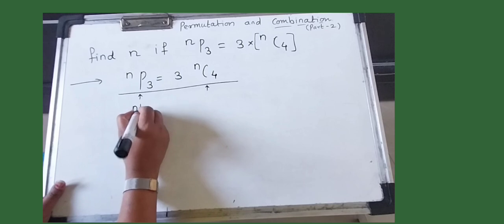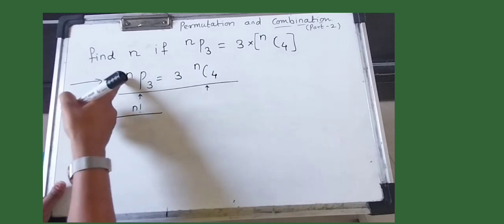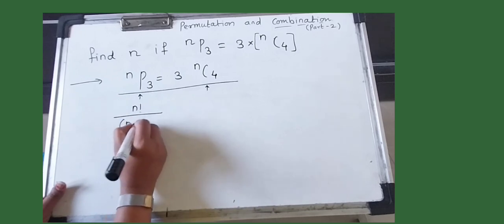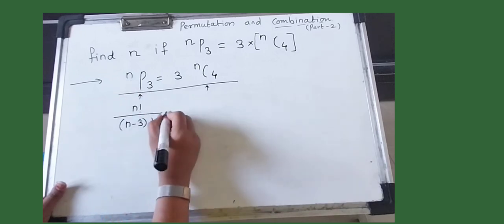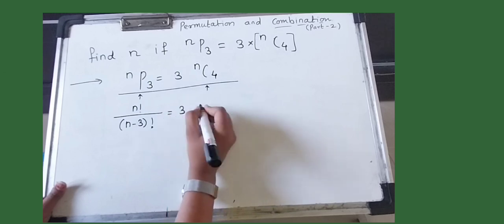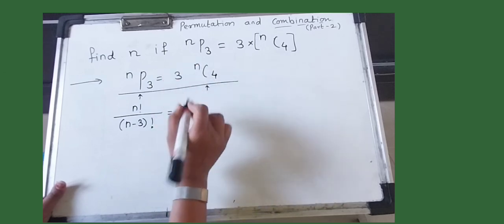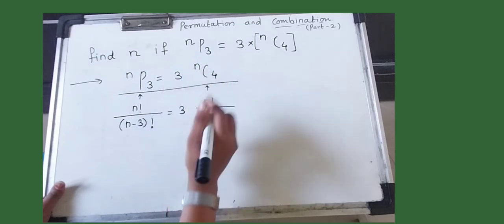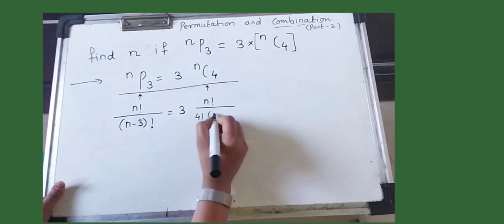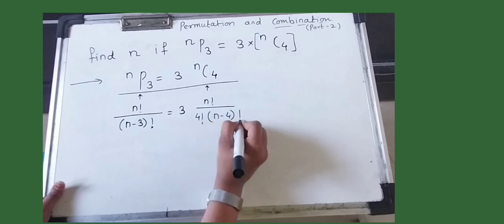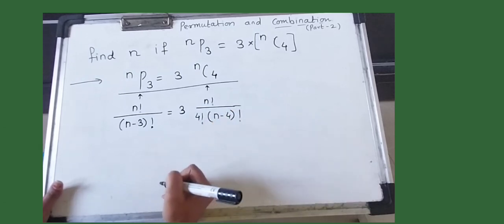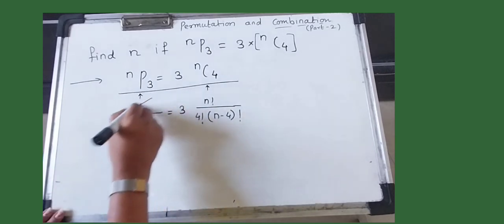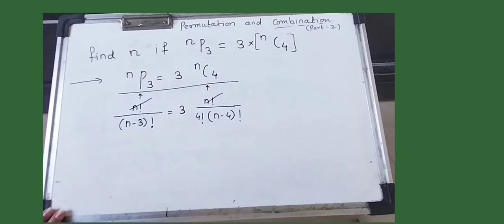Then put only formula here, n factorial upon n minus 3 bracket factorial for permutation. 3 keep as it is. Don't know what to do, so keep as it is. n factorial upon 4 factorial into n minus 4 bracket factorial, applying the combination formula. Clear? On both sides, n factorial gets cancelled.